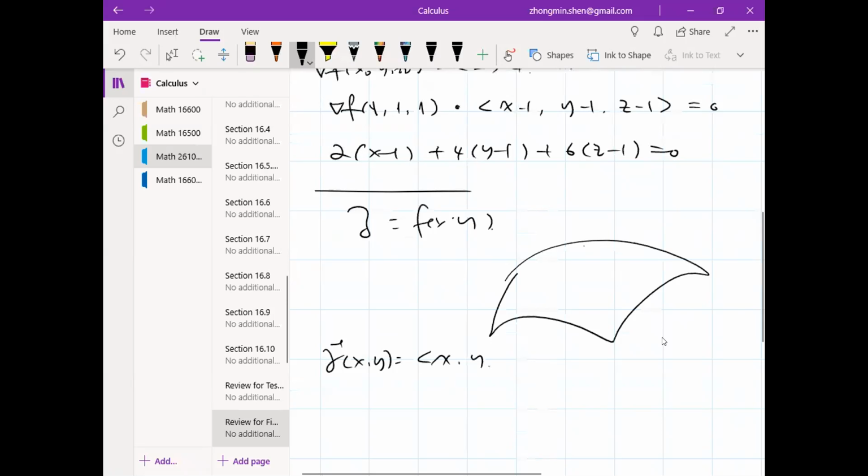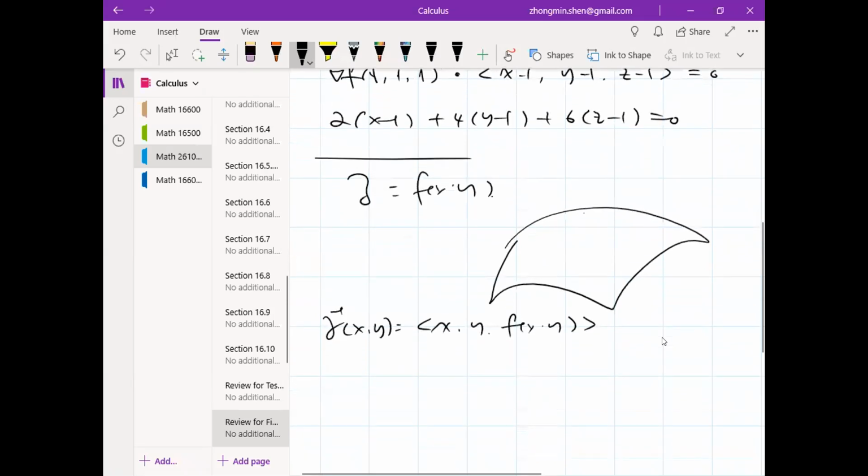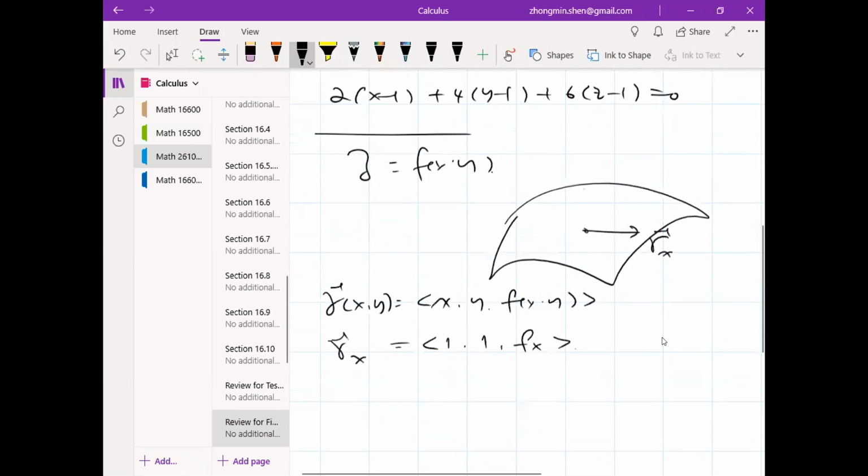R is going to be (x, y, f(x, y)). Then R sub x is going to be a tangent vector, and this will be (1, 0, f_x). Then R sub y is going to be (0, 1, f_y). So those are two tangent vectors.